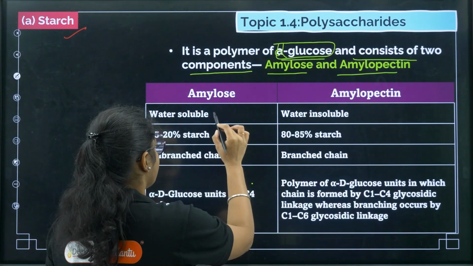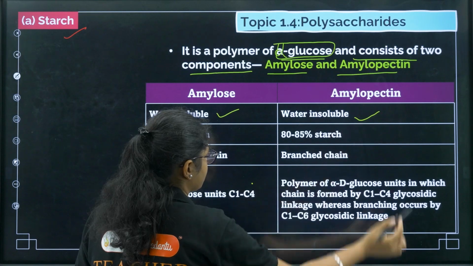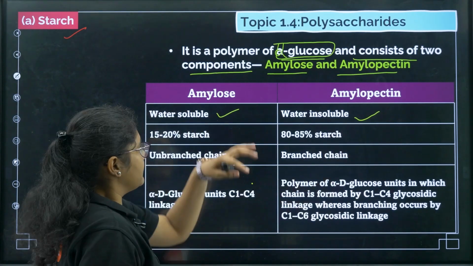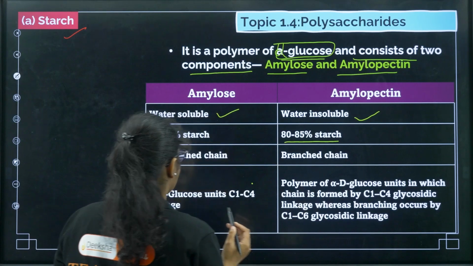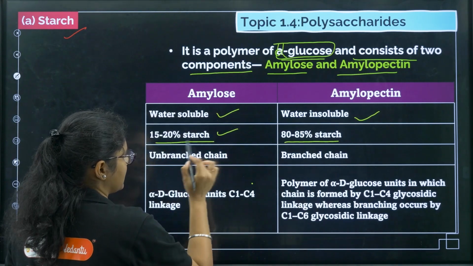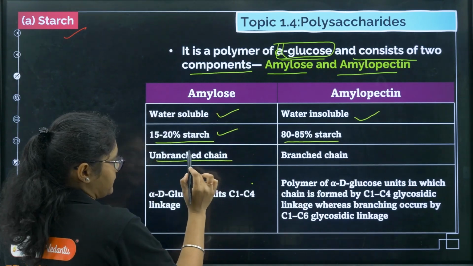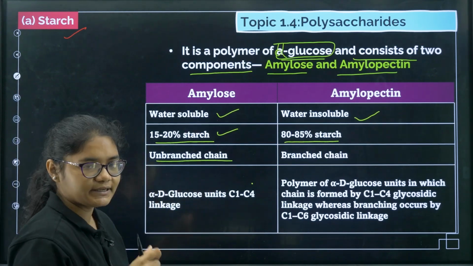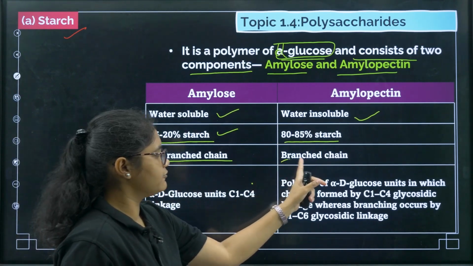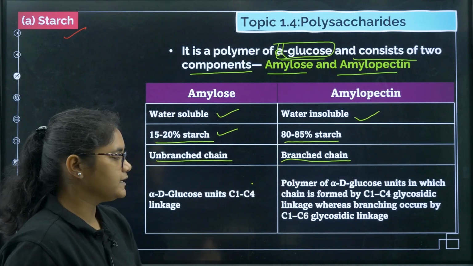Amylose is water soluble, amylopectin is water insoluble. Majority of the starch is amylopectin, 80 to 85%, and amylose is only 15 to 20%. Now, amylose is an unbranched chain. There is no branching, it is a linear chain, and in amylopectin you can find a branched chain. Now what is the linkage?